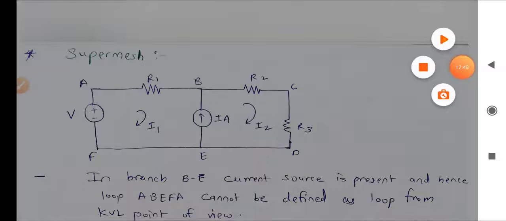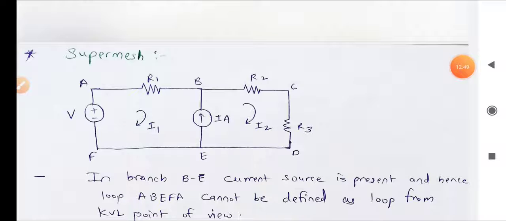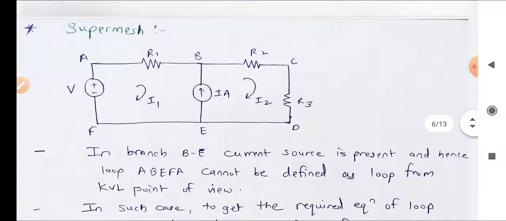By writing the current source equation independently, after that we exclude that current source branch and apply KVL to the other elements. Here the network is A, B, C, D, E, F, A, and in that network BE has the current source.